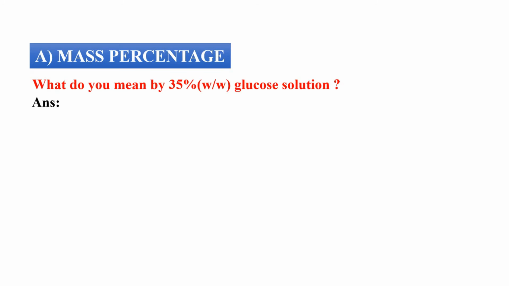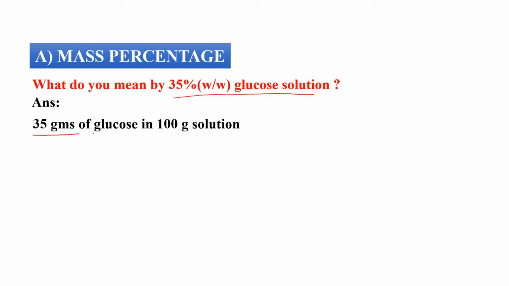What do you mean by 35% glucose solution? It means you have 35 grams of glucose present in 100 grams of solution. So the weight of glucose is 35 grams, and the weight of the solution is 100 grams.